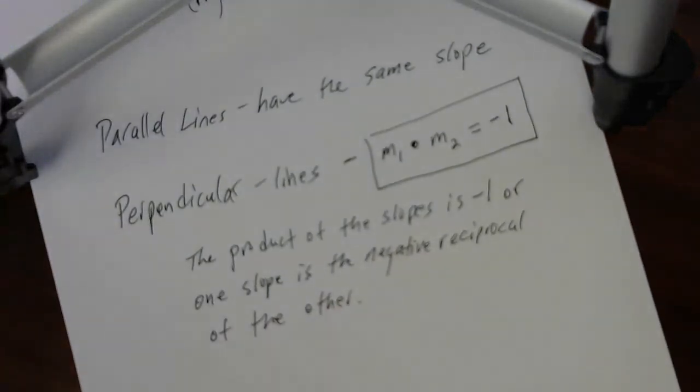All right, so two definitions. Parallel lines never intersect and they have the exact same slope. Perpendicular lines intersect, they form a special 90-degree intersection, and the product of their slopes is -1.